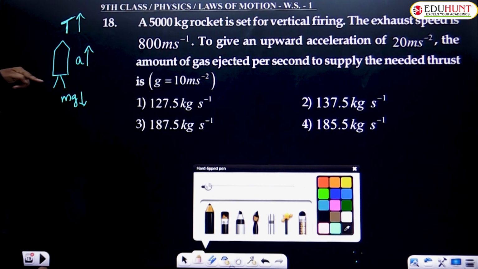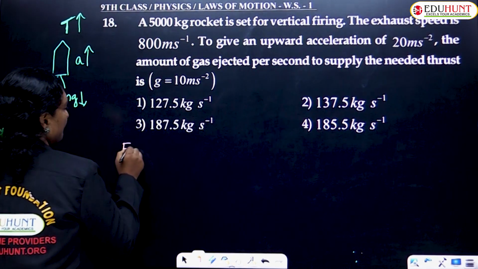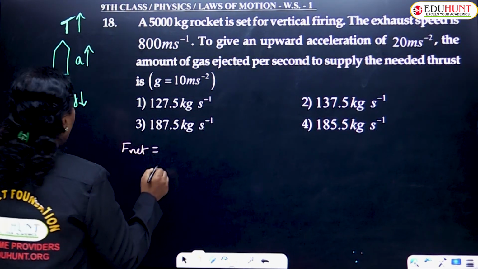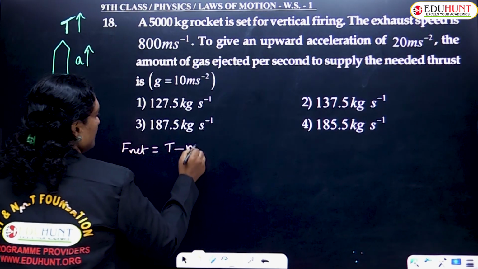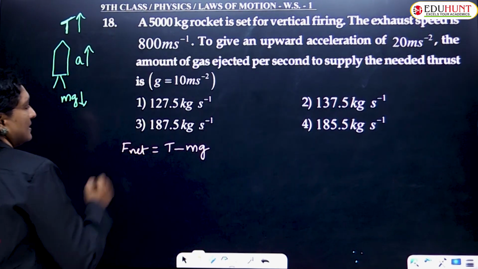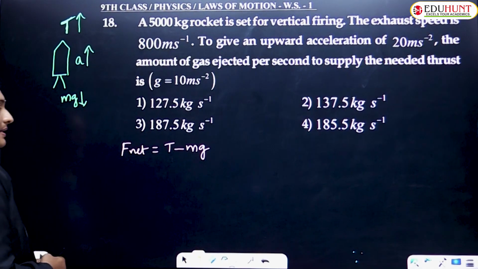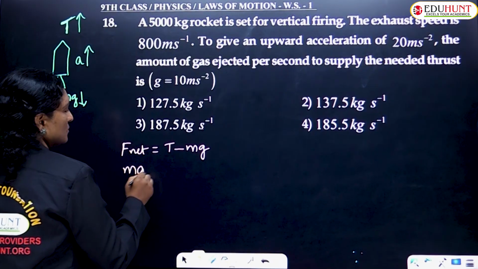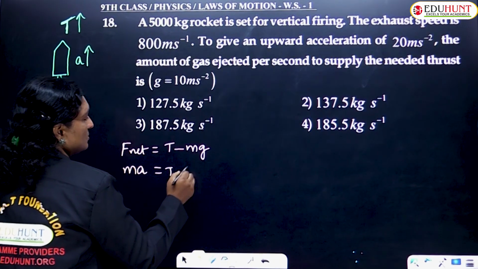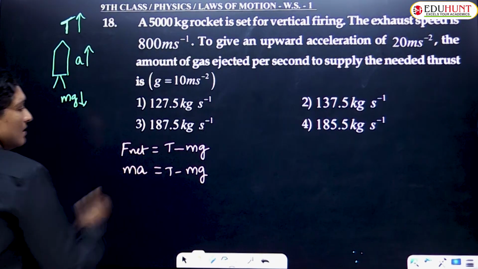As the rocket is moving upwards, the force is acting upwards. So net force is given by F net equals upward force, that is T, minus downward force, that is mg. So F net is given by T minus mg. And we know that F net is nothing but mass into acceleration, equals T minus mg.